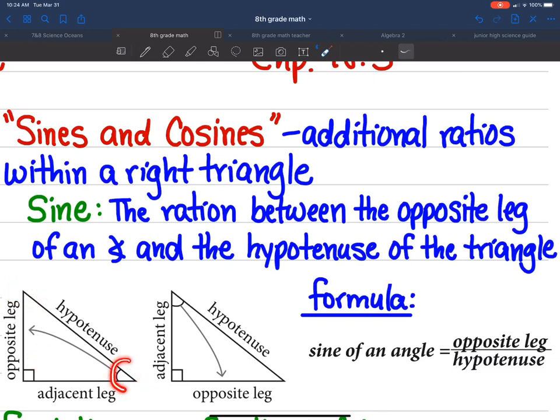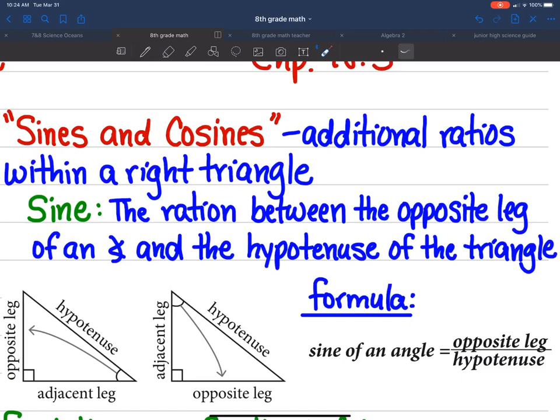Okay, so we have this right angle here, and the sine is the ratio between the opposite leg and the hypotenuse. In the tangent, the formula is the opposite leg over the adjacent leg. But for the sine, we're looking at the opposite leg and the hypotenuse.